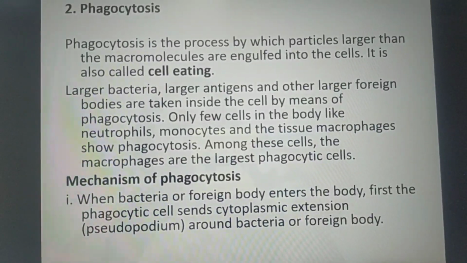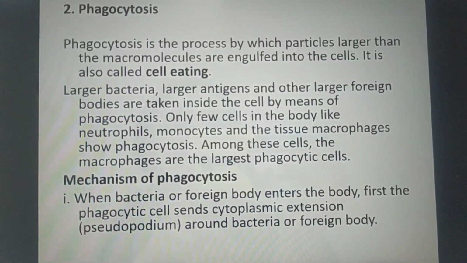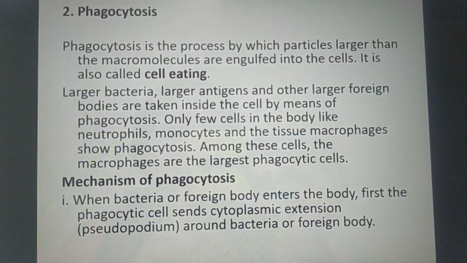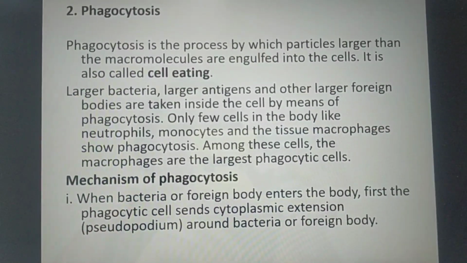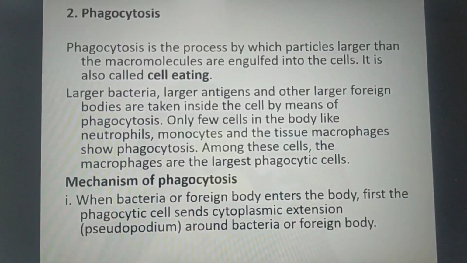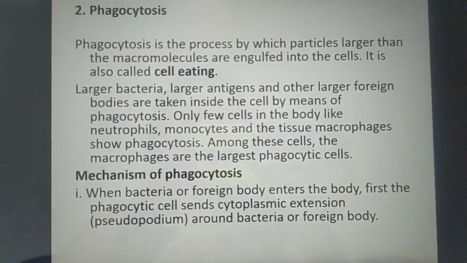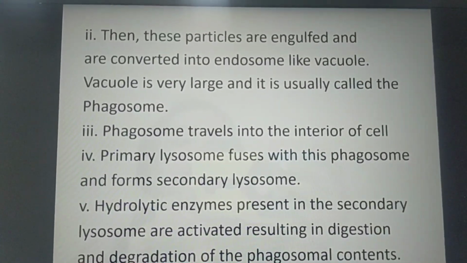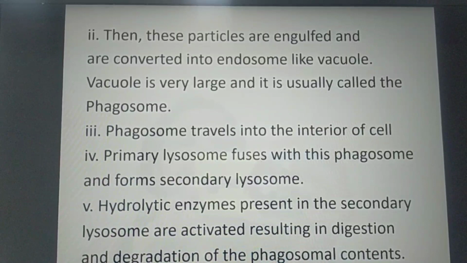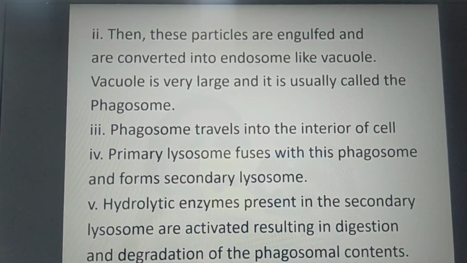Mechanism of the phagocytosis. When bacteria or foreign body enters the body, first the phagocytic cell sends a cytoplasmic extension, which is pseudopodium, around the bacteria or foreign body. Then these particles are engulfed and are converted into endosome-like vacuole.